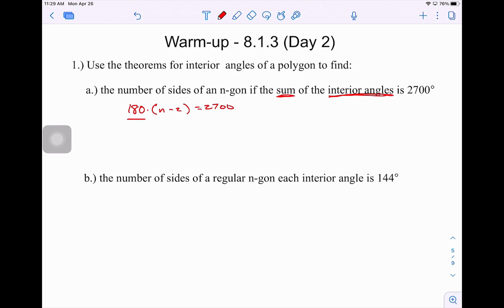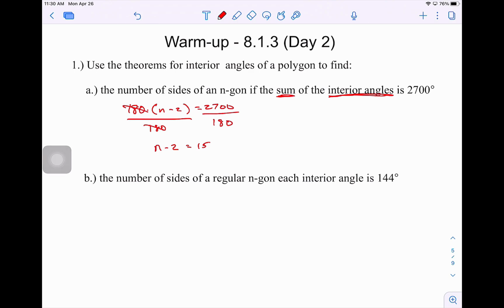I'm going to go through and divide by 180 just to get it out of there. If I do that, that leaves me then with n minus 2. And 2,700 divided by 180 turns out to be 15. Well, if you remember what that 15 actually is representing then, if you go back to the formula and the way that we came up with it, remember this n minus 2 part of the formula, that's the number of triangles that you could always take a shape and cut it into.